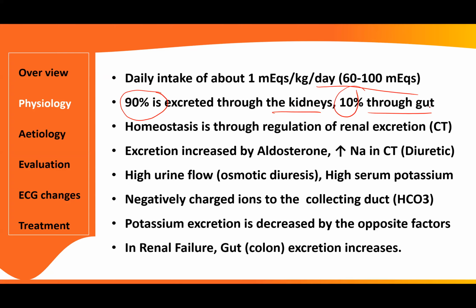Excretion is increased by aldosterone because sodium is reabsorbed and potassium is sent out. Aldosterone is a salt conserving hormone. So sodium is conserved and potassium is excreted in the convoluted tubules.